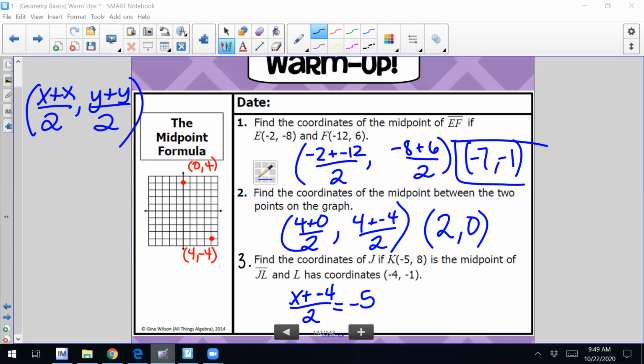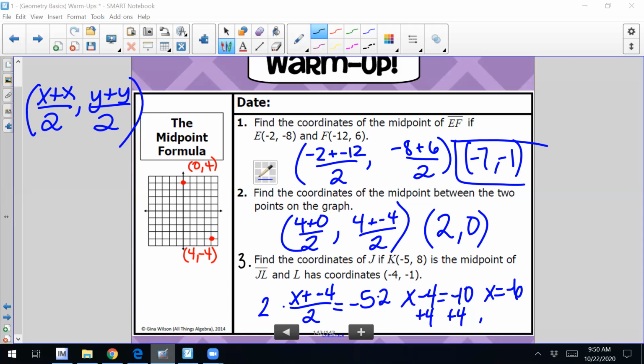So I just focus on the X's when I'm doing it this way. I'm multiplying by 2 on both sides. That gives me X minus 4 equals negative 10. Add 4. So X equals negative 6. Everybody okay with that?